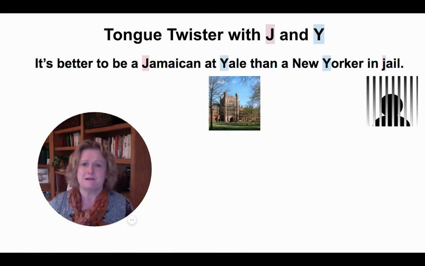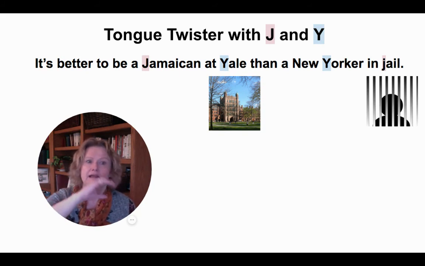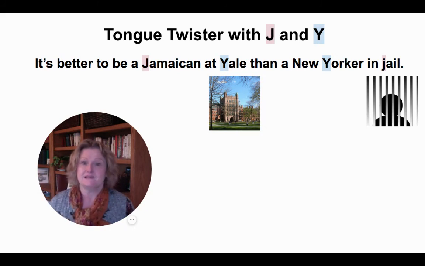Okay, so it's better to be a Jamaican at Yale than a New Yorker in jail. It's better to be a Jamaican at Yale than a New Yorker in jail.